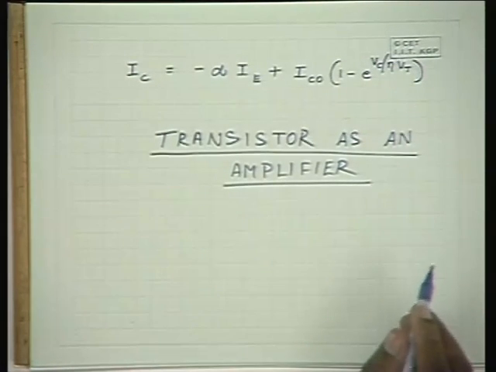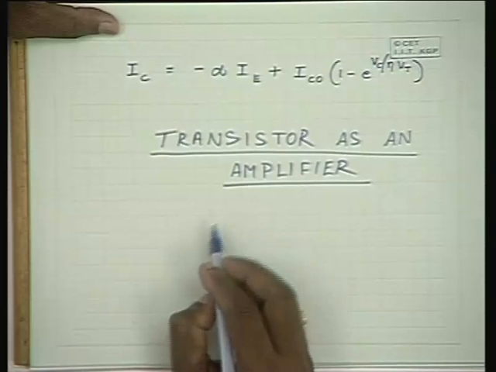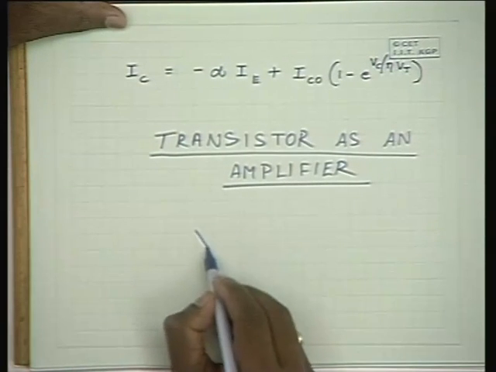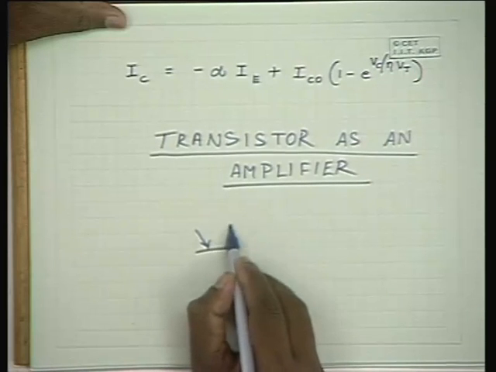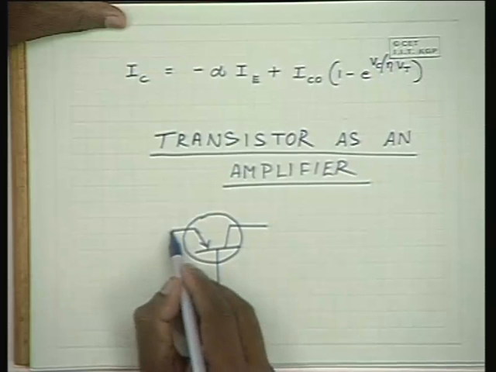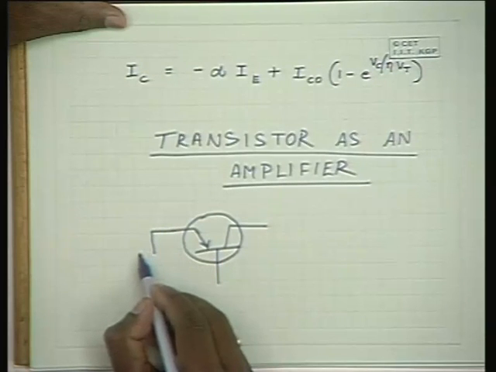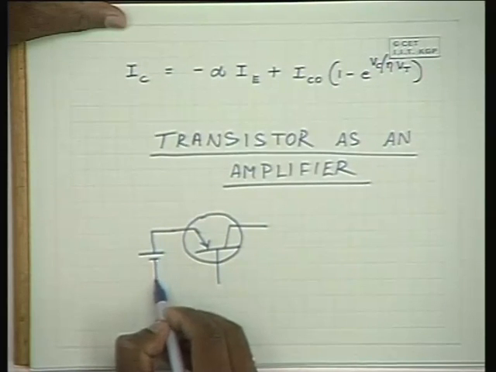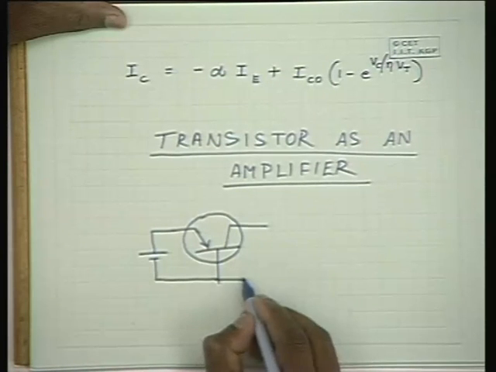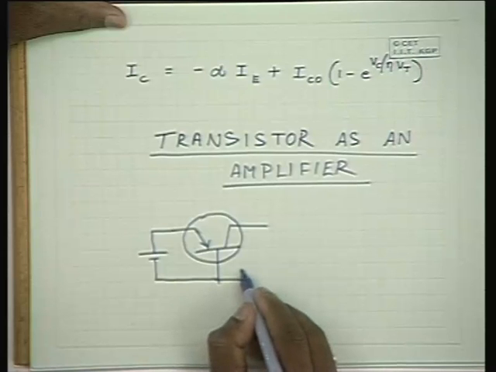Now in this transistor which you have seen here, this is a PNP transistor. We have forward biased the emitter junction and reverse biased the collector junction.